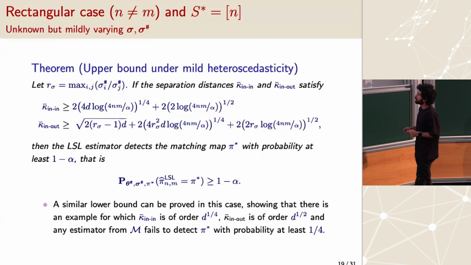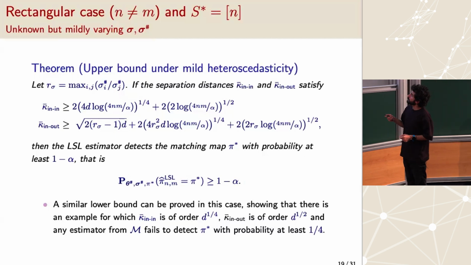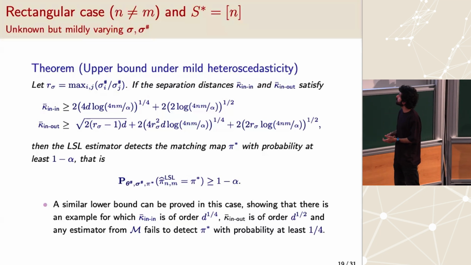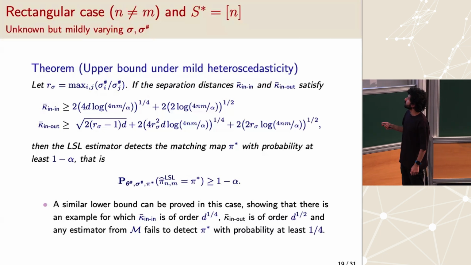What I mean is that given that this quantity is finite, we are able to determine two different separation distances, for inliers and between inliers and outliers, such that the recovery of pi star is exactly possible.